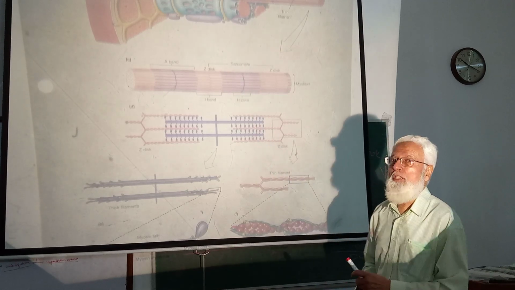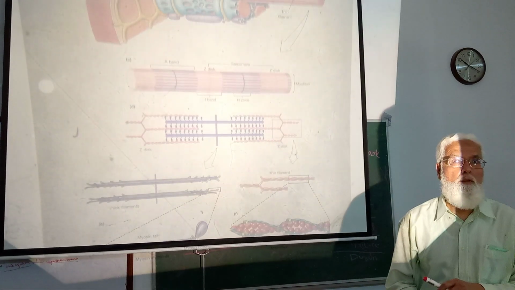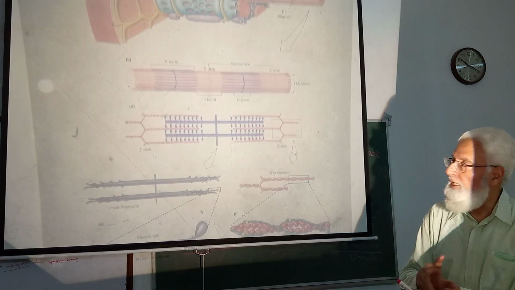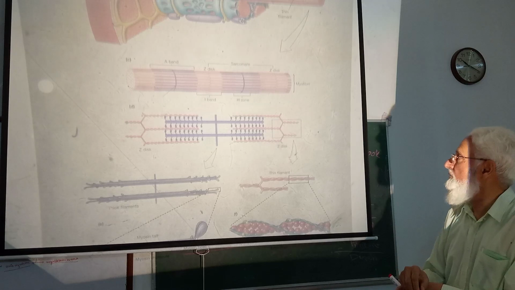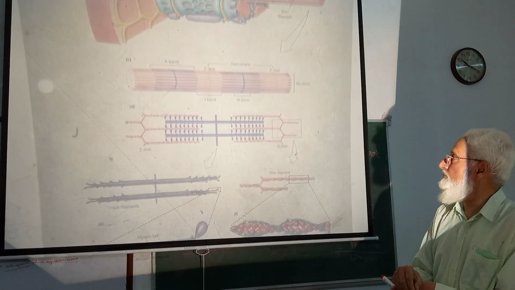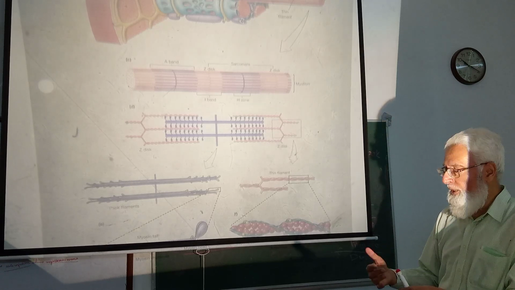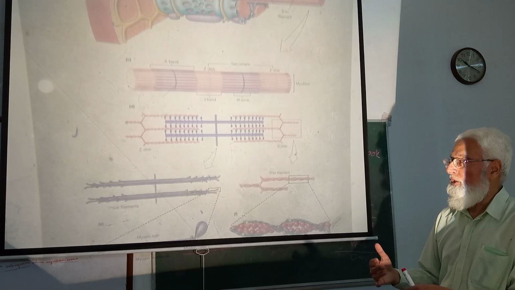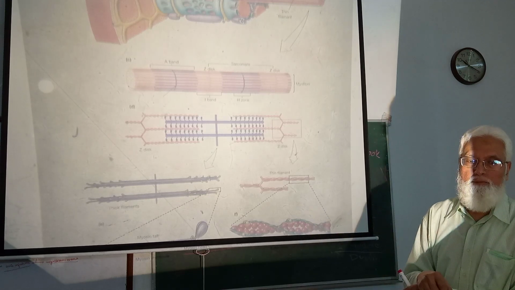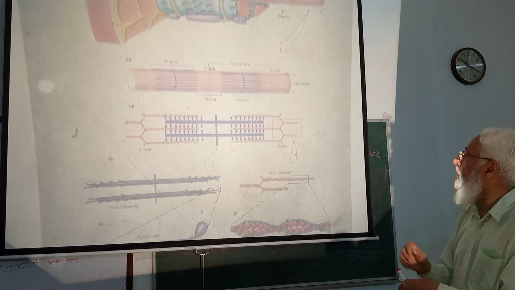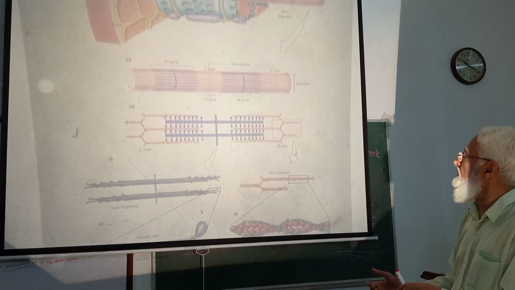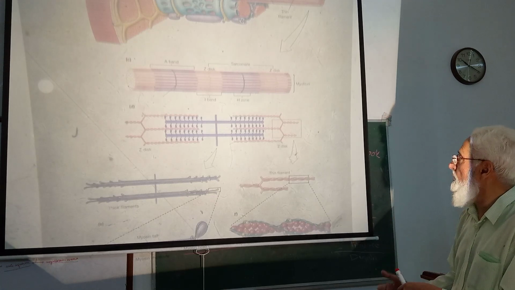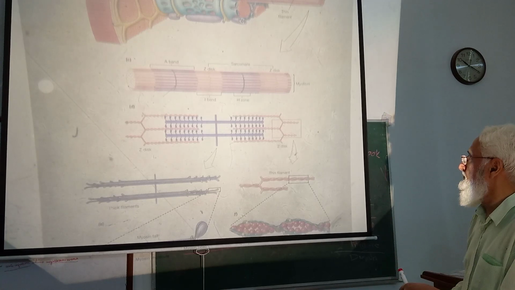The sarcomere is the functional unit of the skeletal muscle. It undergoes shortening during muscle contraction.